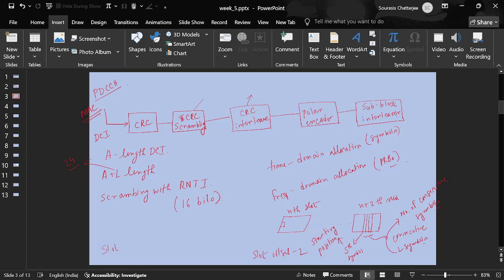So if let's say I am giving information like this, slot offset 3, S5, L4. So how should I interpret this information in terms of symbol level allocation? Let's say user receives this particular information, so what should it infer from that?